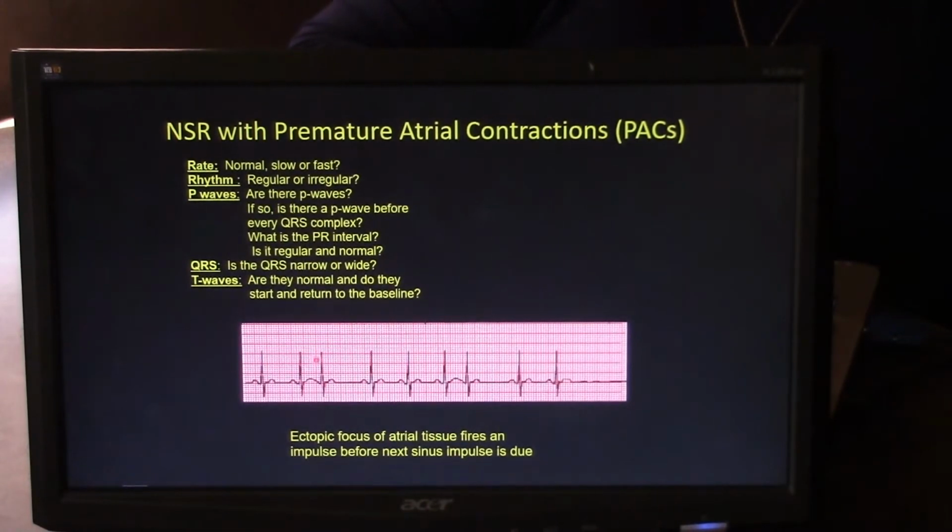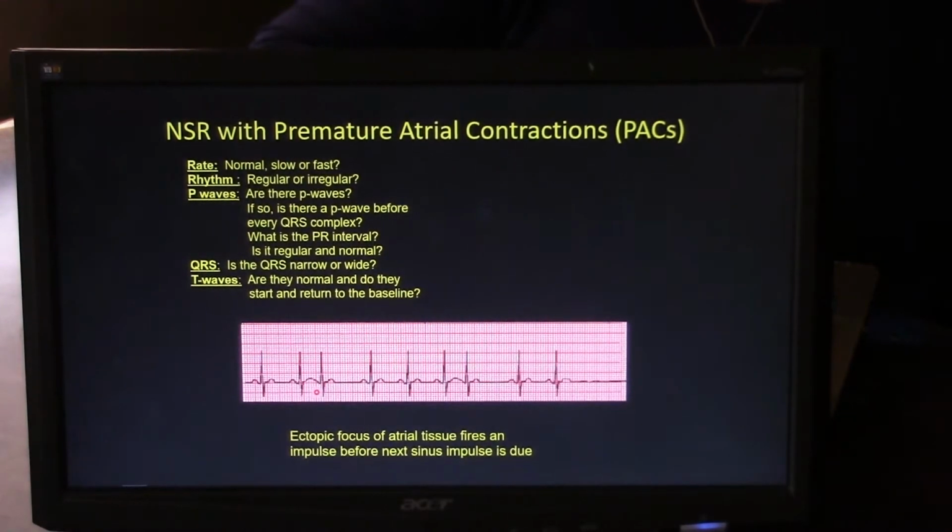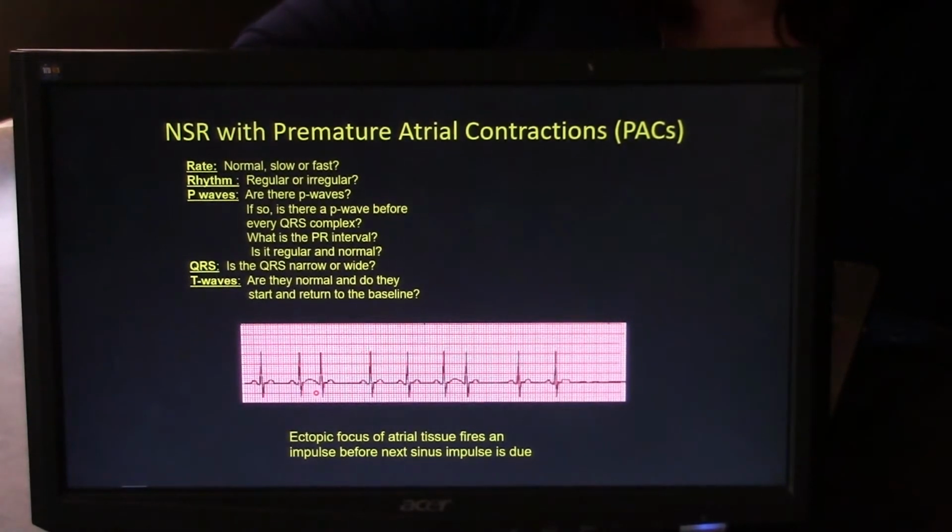Yes. But for the complexes that come early, if you look in the T wave that precedes that complex, you will notice that it looks different than other T waves. And so we know that there is something buried within it. And it is most likely an atrial wave.